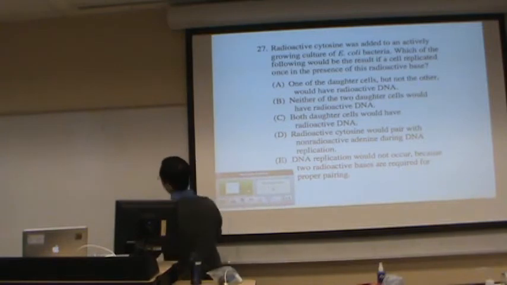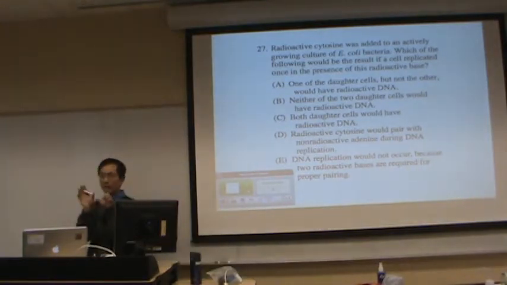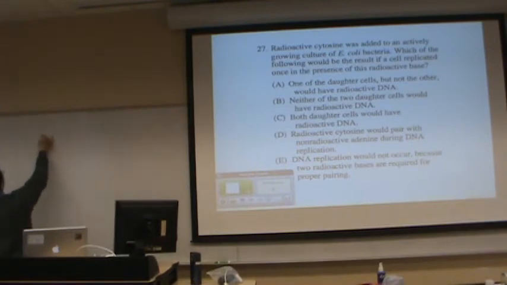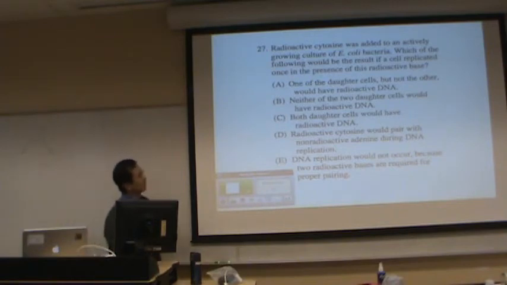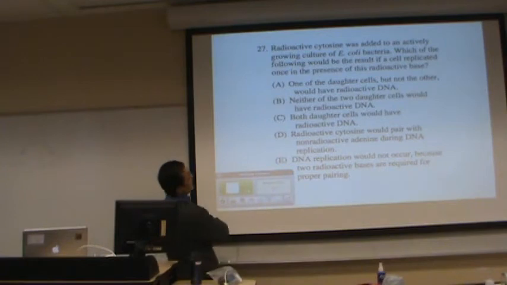Oh, I see. So the question does not distinguish mother cell and daughter cell. It basically says one cell is split into 2, and it's calling both of these daughter cells. So I guess the person who wrote this doesn't think bacteria age. Okay. Neither of the 2 daughter cells would have radioactive DNA.